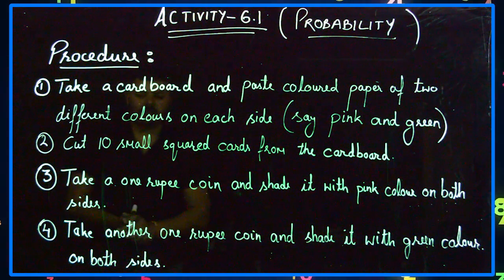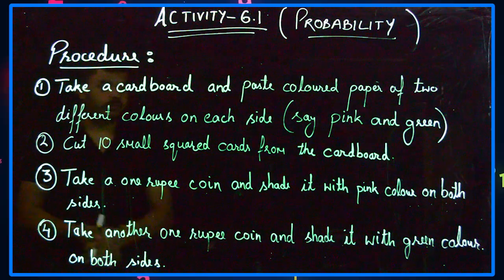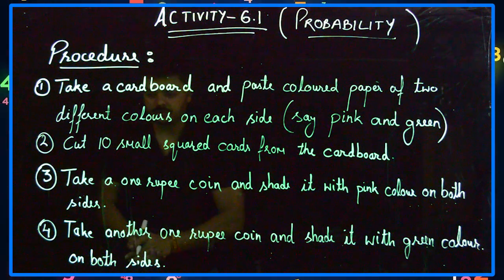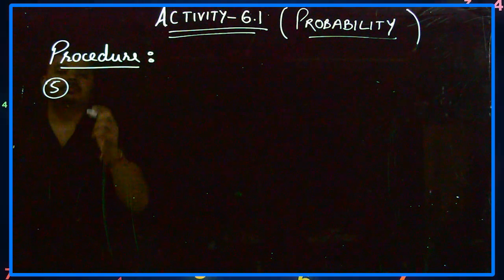Now we have two 1 rupee coins. One has been shaded with pink color on both sides and one with green color on both sides.